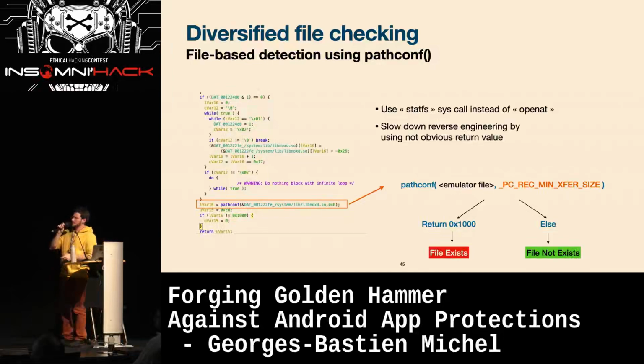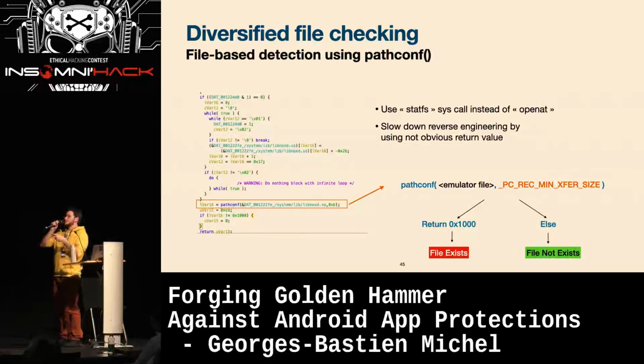Okay. Just another trick used by this kind of tools is to diversify how the application checks if a file exists or not. The application could use fopen, for example, but by using pathconf, it allows the protection tools to hide the return value.